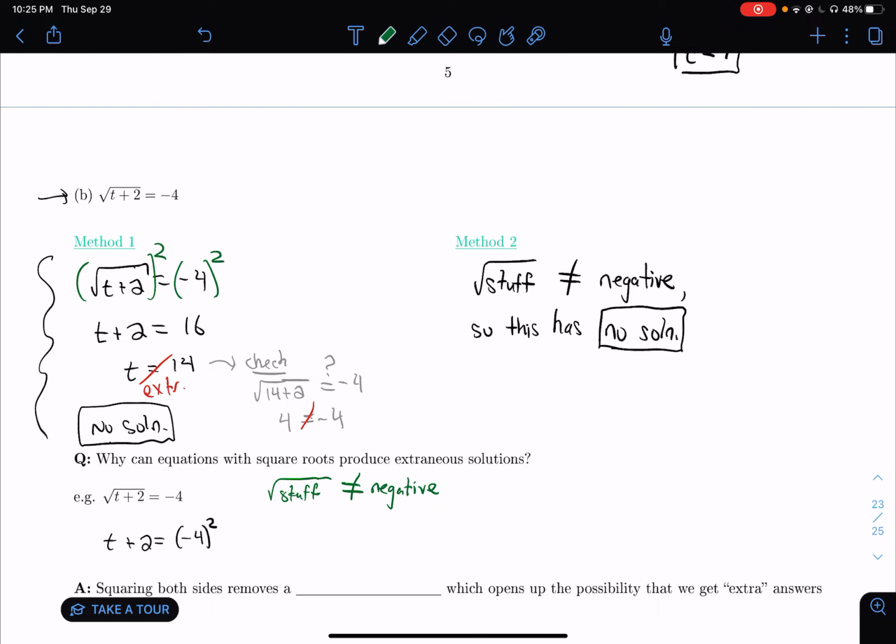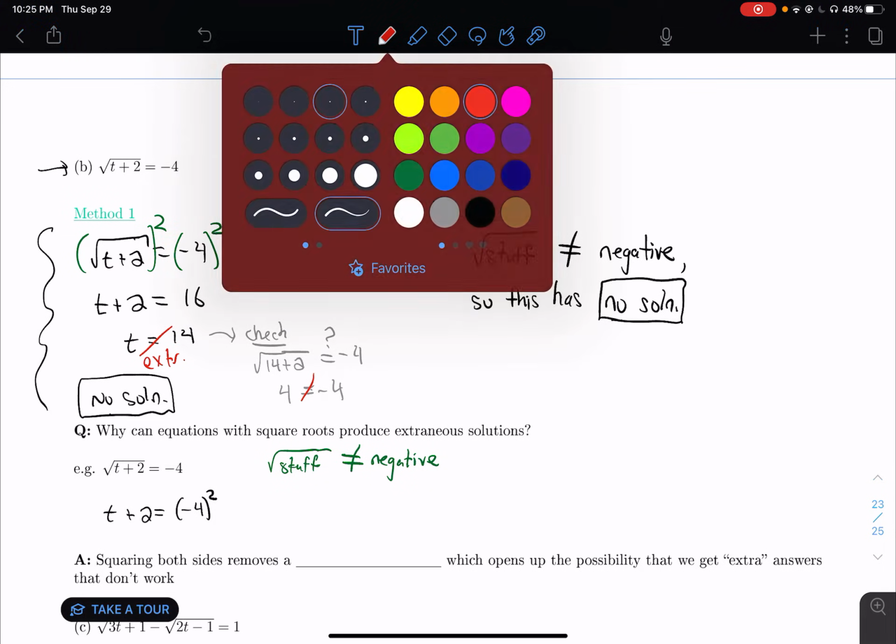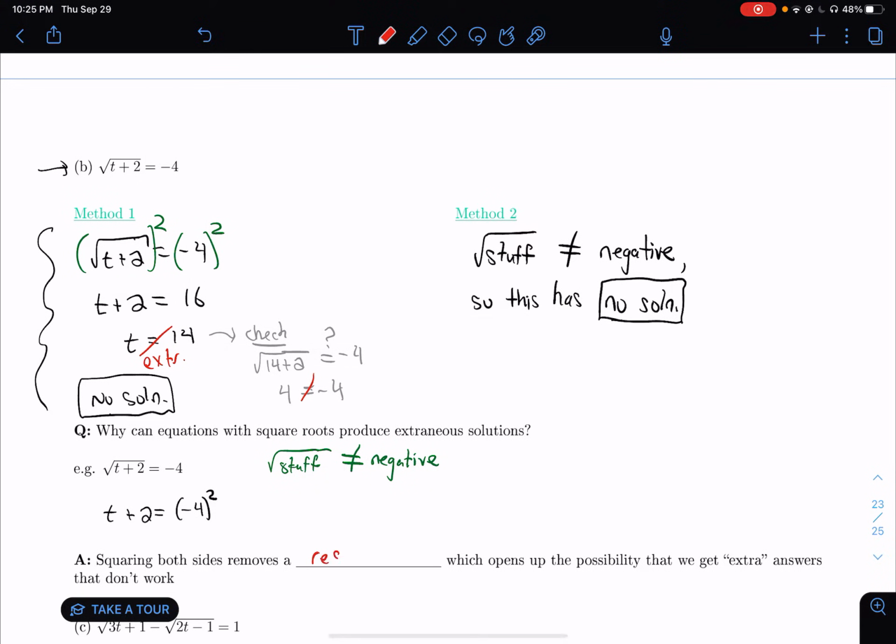But when I square both sides, squaring both sides removes a restriction. Namely, the restriction that when I square root something, I'm not allowed to get a negative number out. Because when I square both sides, that gets removed because that negative number now got squared, and now it's no longer negative. So squaring both sides got rid of that restriction.